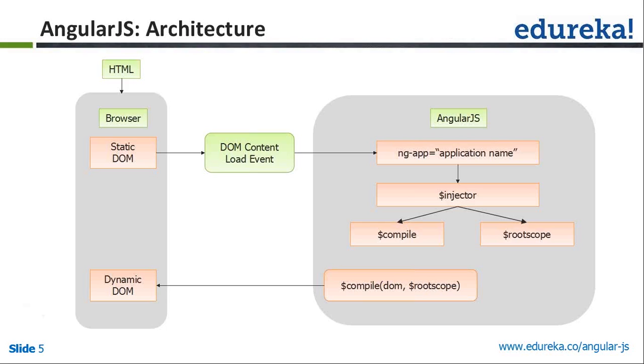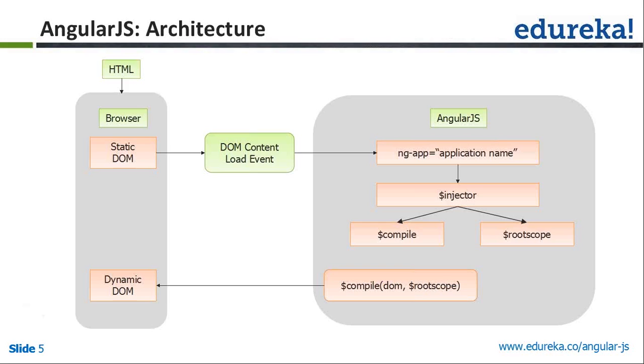First, we have to understand the architecture of our AngularJS project. How does it work? In AngularJS, there is a directive called ng-app. Once you load your AngularJS script in your HTML page, it looks for this ng-app directive.